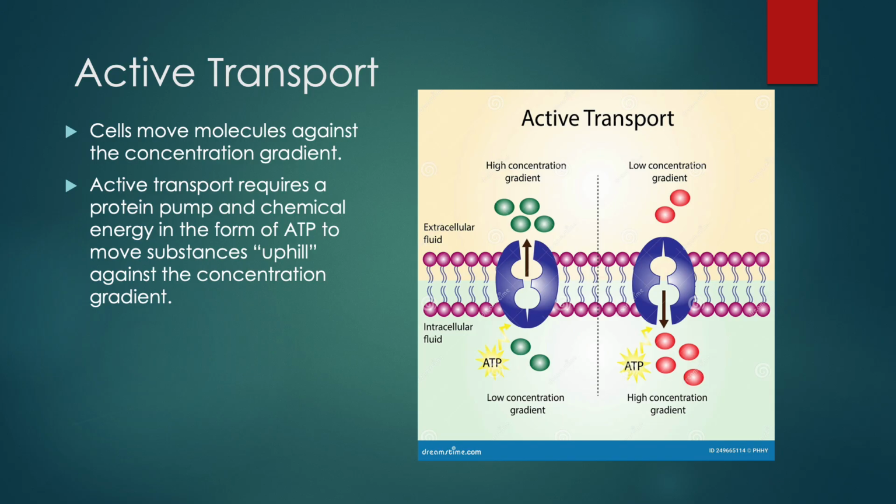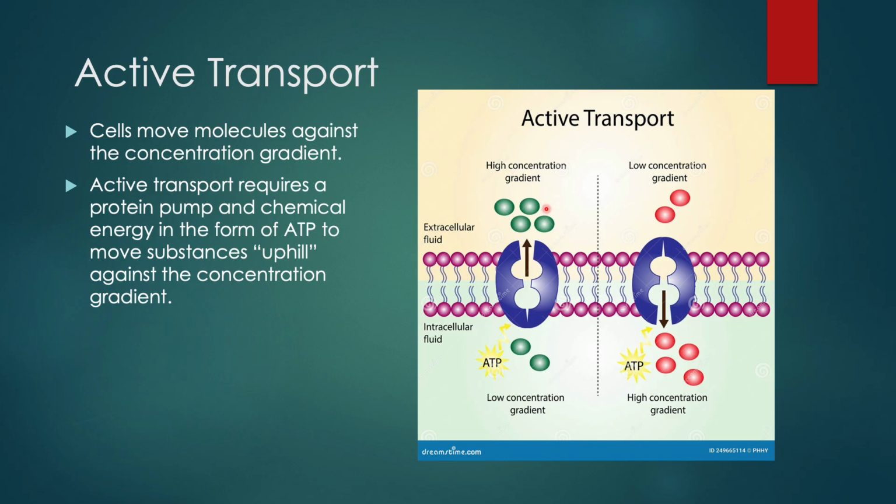Let's look at active transport. Cells move molecules against the concentration gradient. In order to go against the concentration gradient, particles are going to move from low concentration to high concentration. That's not the normal flow.